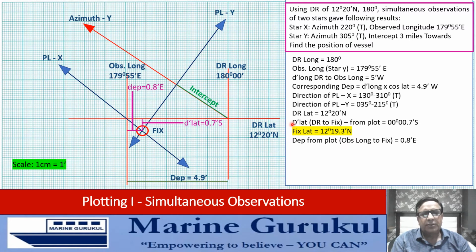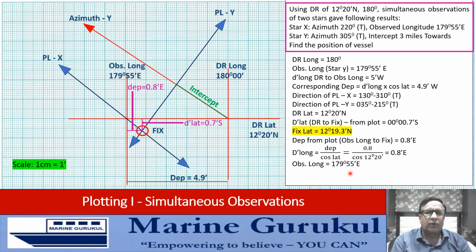We have the departure of the fix from the observed long, which is 0.8 minutes east. We convert this departure into d long. So d long comes to 0.8 minutes east. So that means longitude of fix is 0.8 minutes east of the observed longitude.